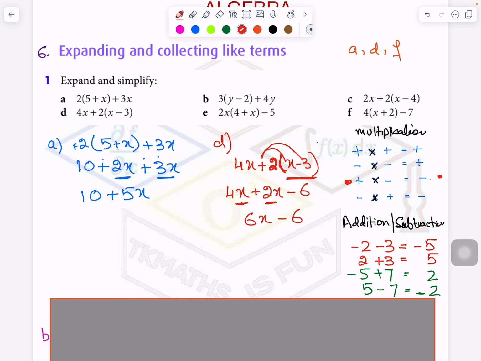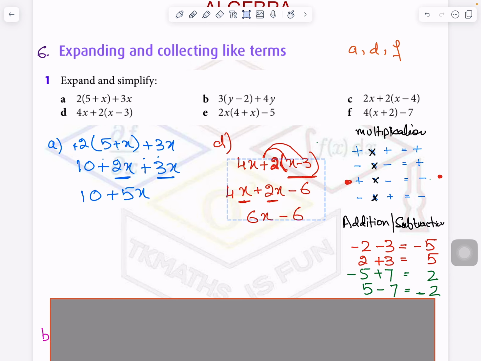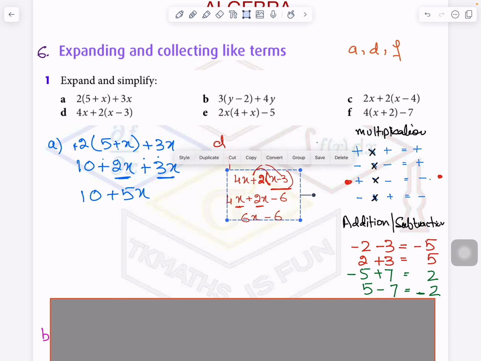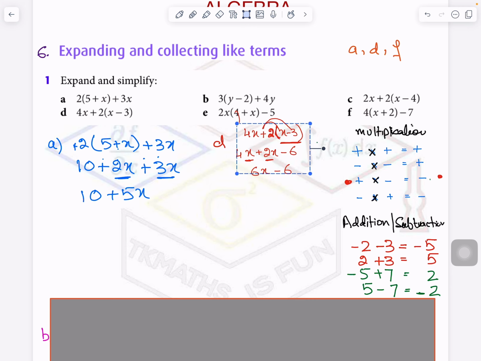Let me explain one thing here by making a question which is not given in the book, but let me explain to you. For example, part D, it was like this: 4x minus 2 bracket x minus 3, instead of plus 2.